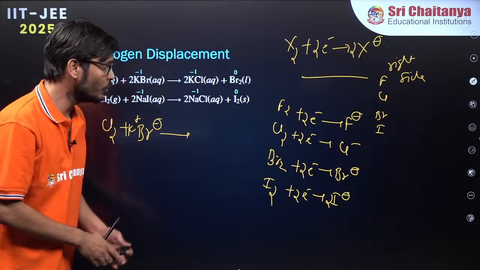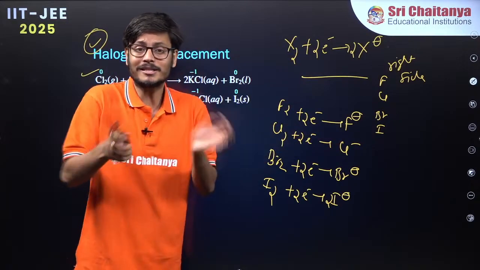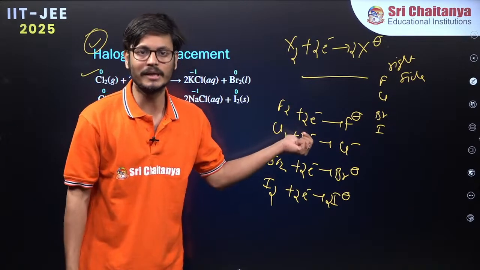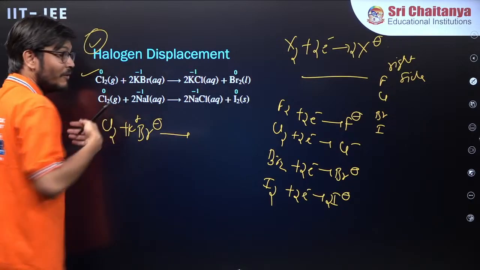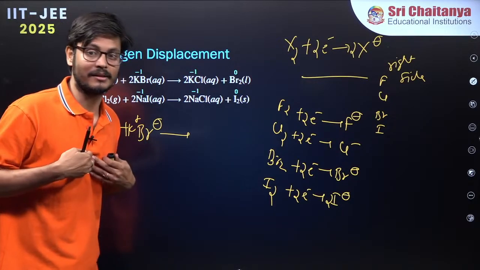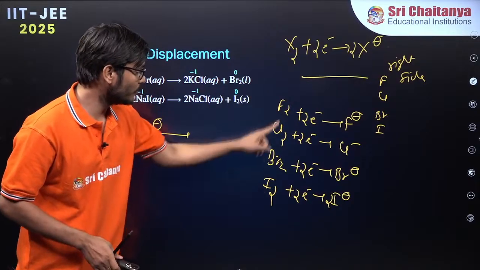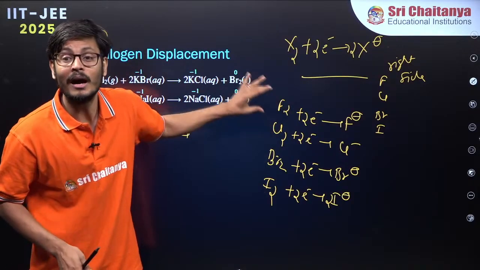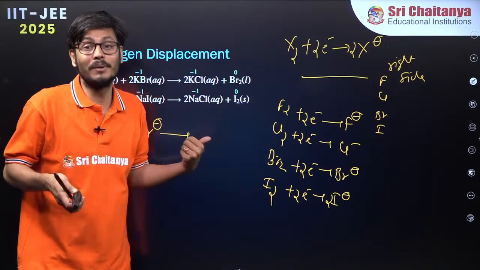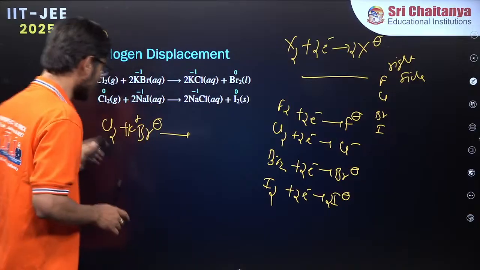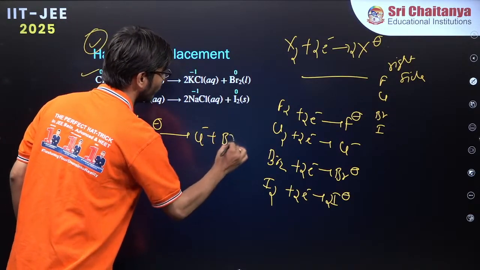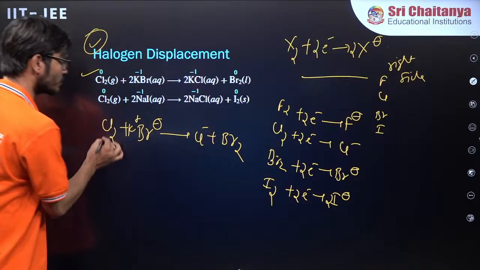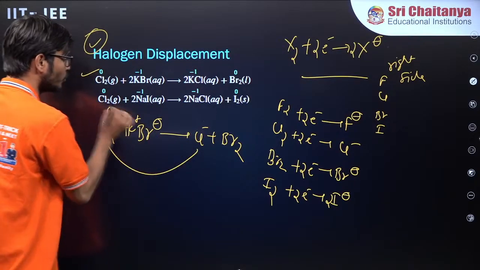Just now I told you that Cl2's ability to accept electron is more because electronegativity is high. So in this case what will happen? Cl2 will try to convert itself into Cl minus because in comparison to the bromine it is more capable to accept the electron, right? So this will become Cl minus, and Br minus will become Br2. So Cl2 to Cl minus, 0 to minus 1.